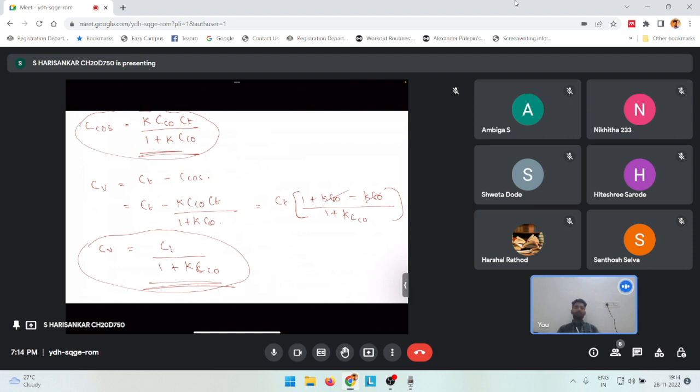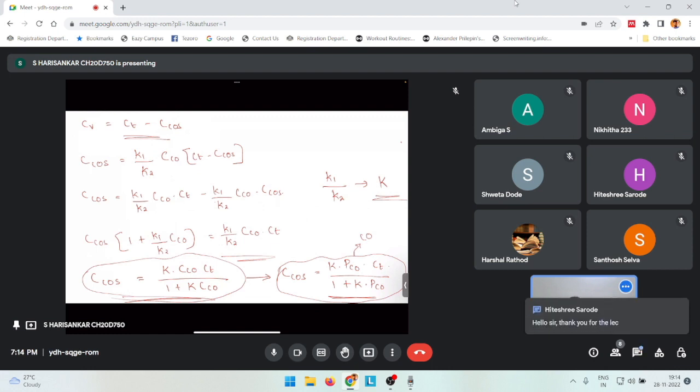Any doubts so far? These are just basic reaction kinetics concepts that we are applying. For a reversible reaction, your overall rate will be the rate of the forward reaction minus the rate of the backward reaction. That is what we applied here for this adsorption step.